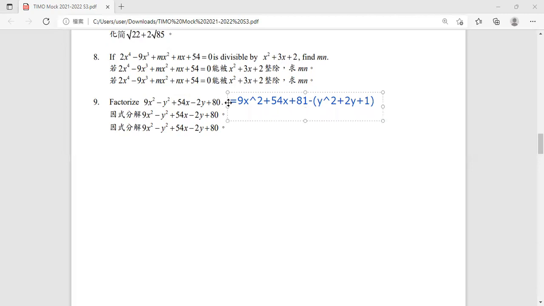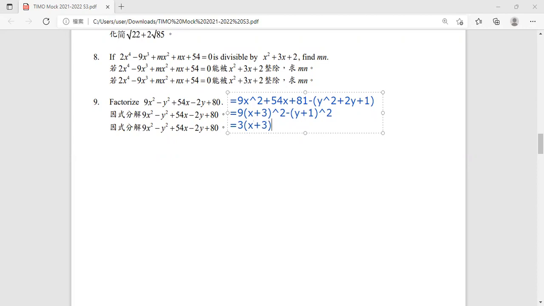Now what can I do here? You can take out a 9, which means that this is 9 times (x plus 3) squared minus (y plus 1) squared. Now you can see that it is something squared minus another thing squared, the difference of squares. You can just use the identity.